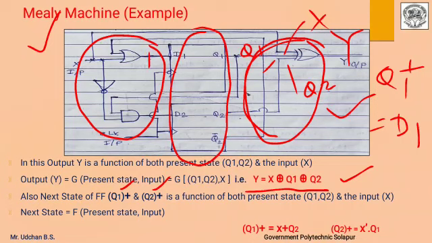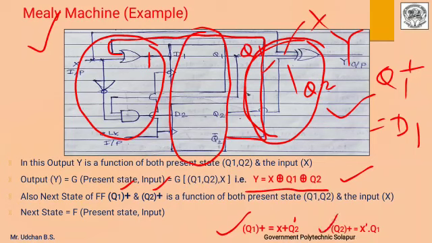One is q2 bar, this is the input coming from here, and another is x. So we can write the next state q1 plus as x OR q2 bar.